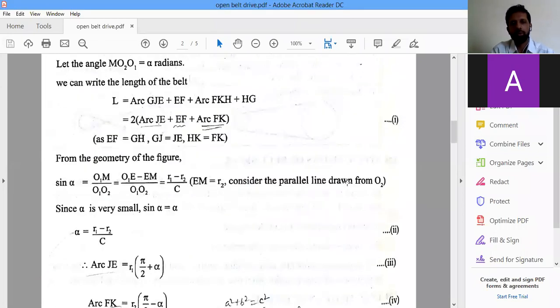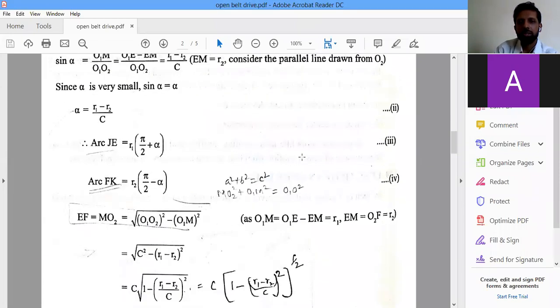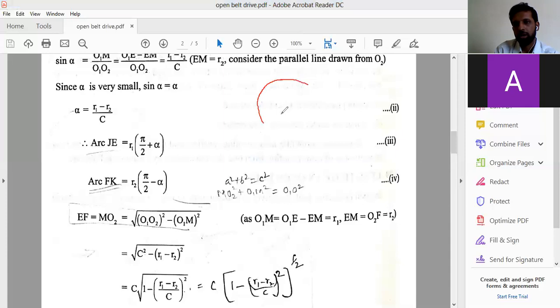Now when we go to arc JE, I'll just draw this. The center is here, and the belt is in contact till this point. This is E, and here we have J. This is the center, so this is 90 degrees.